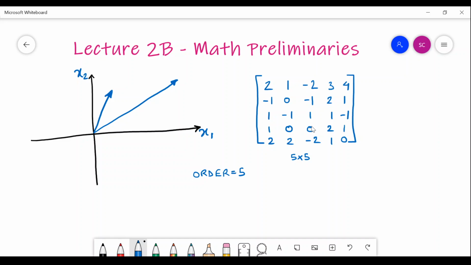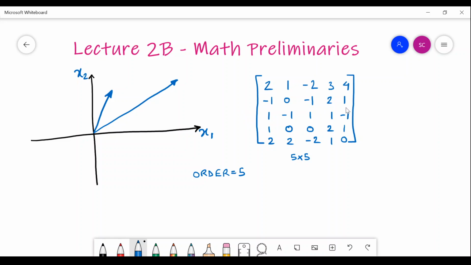Whether it is invertible or not does not stop us from operating this matrix on a vector. Even if this matrix is not invertible, we can still take it and operate it on any vector, and the vector must be of dimension 5 cross 1.